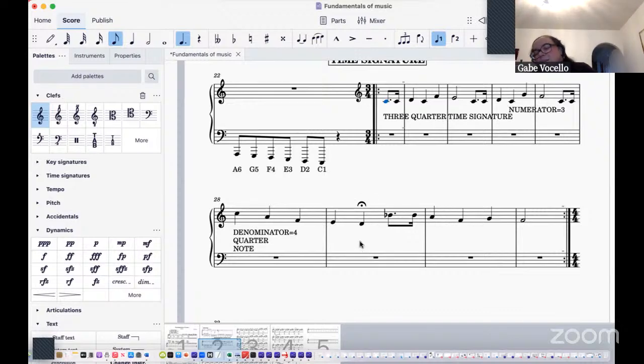So dotted 8th note, let me write it here separated. Dotted 8th note, now 16th note. So he adds the bar line.